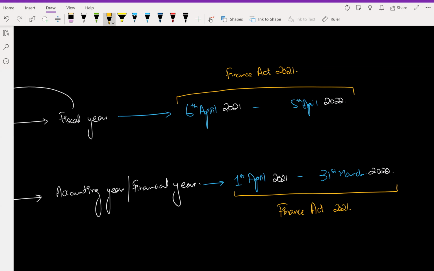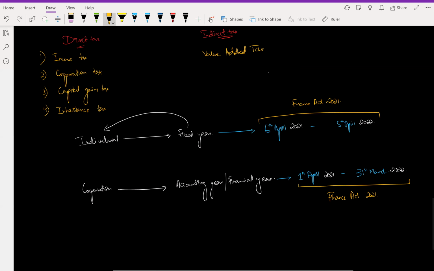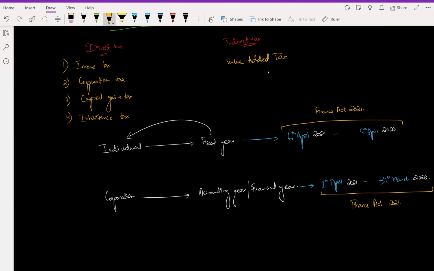Now, like I mentioned, in the UK there are certain direct taxes: income tax, corporation tax, capital gains tax, inheritance tax. These two taxes, you see, are classified as capital taxes.